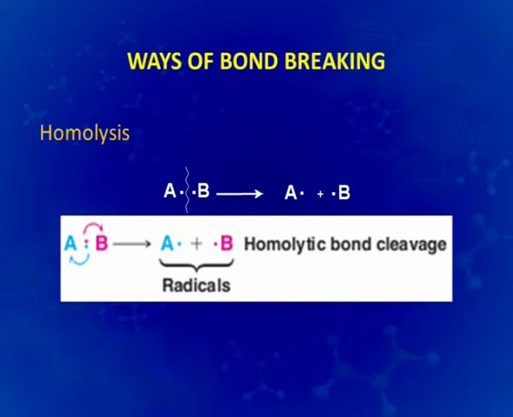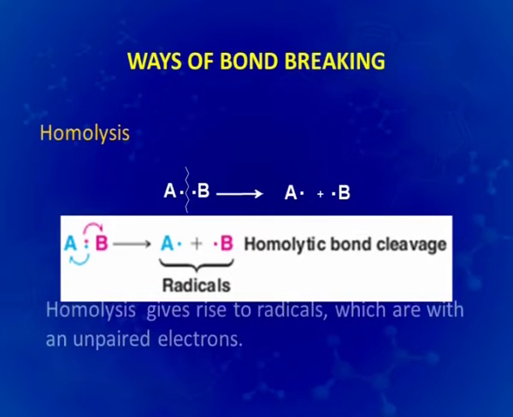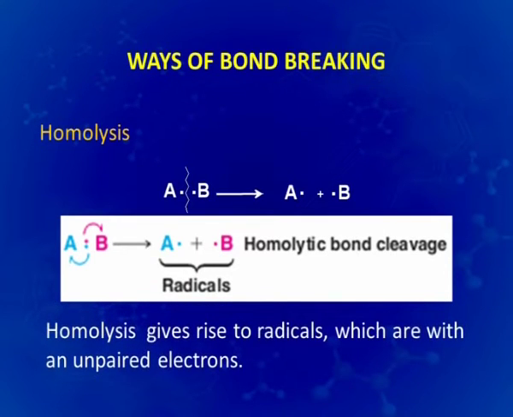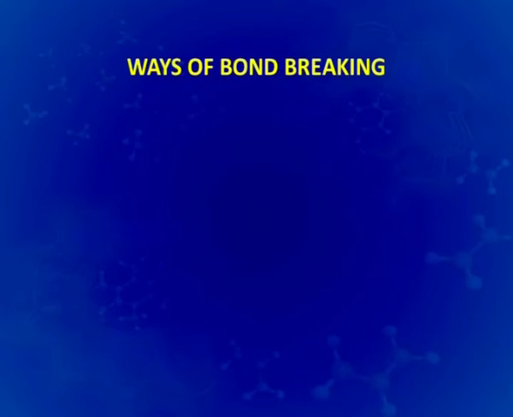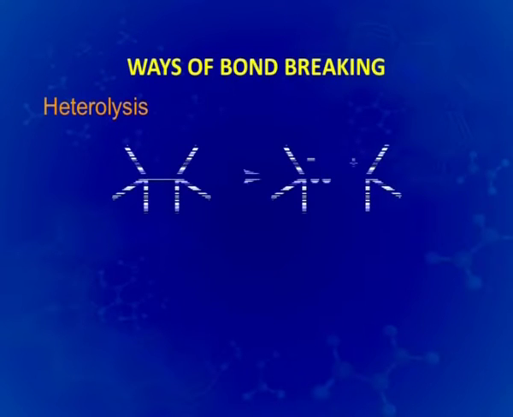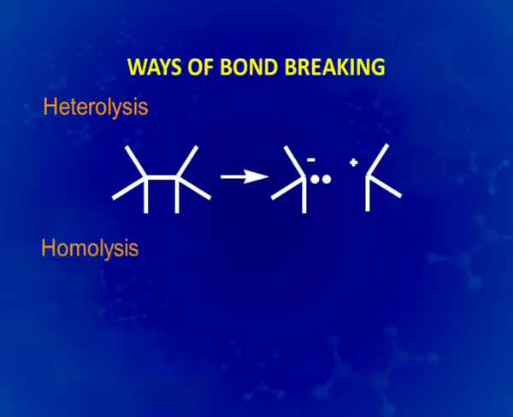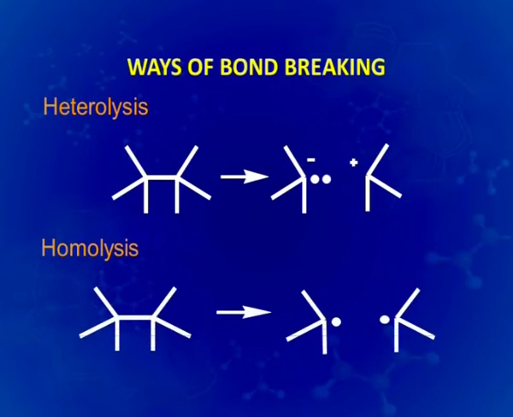Therefore, homolysis gives rise to radicals, which have an unpaired electron. The ways of bond breaking can be depicted in this manner also. It helps you learn it better that heterolysis gives rise to two ions and homolysis gives rise to two radicals, as shown in this particular graphic.